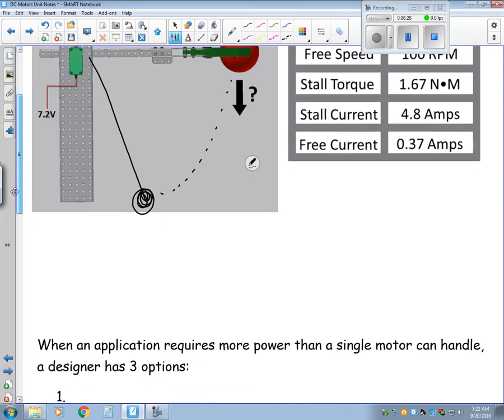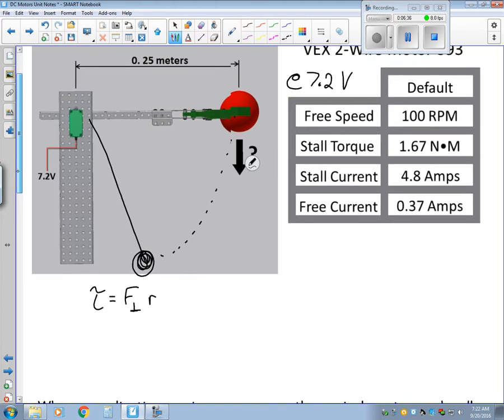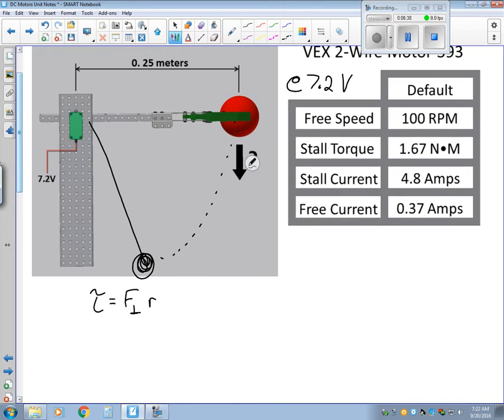So torque itself equals a force that is perpendicular to a lever arm. So looking at our diagram, the length of this arm is our lever arm, and the weight of this object is our perpendicular force.